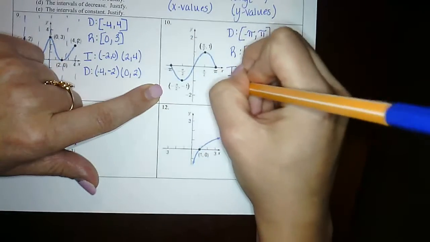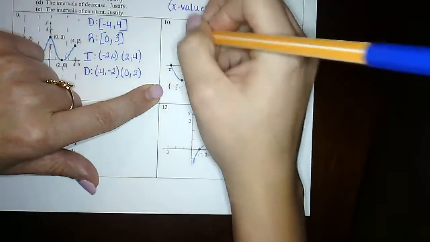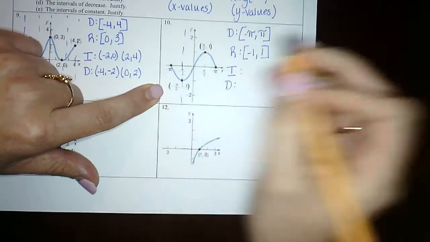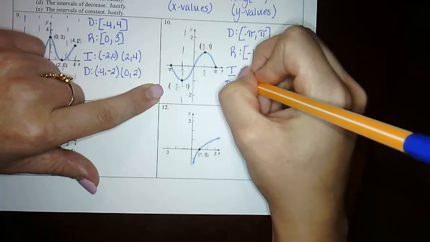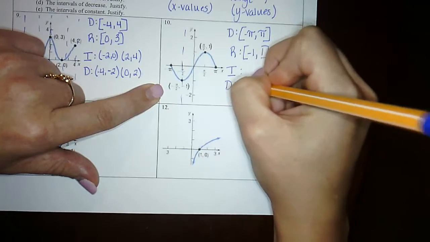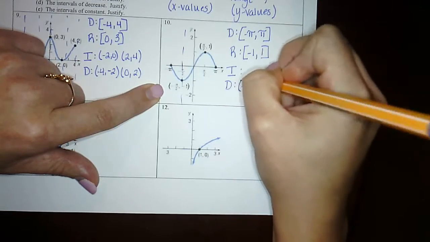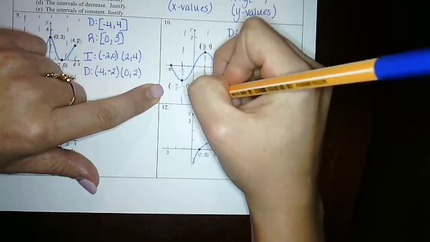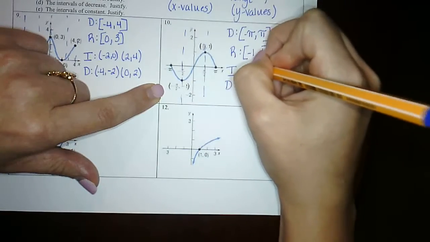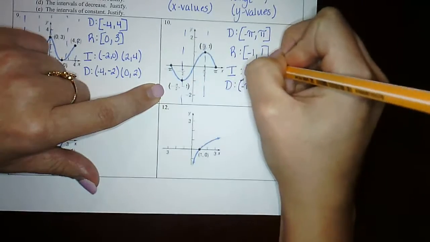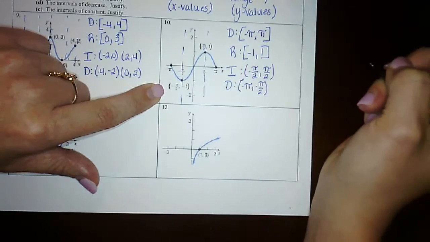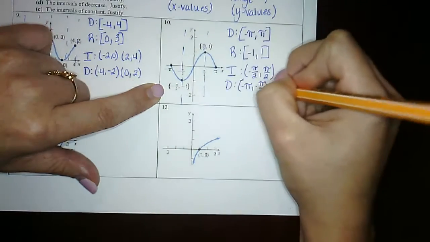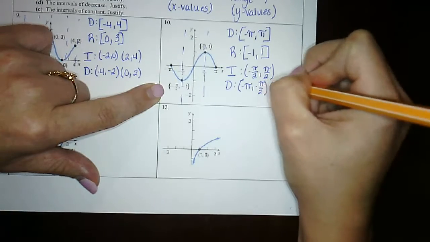And intervals of increase and decrease: it's decreasing from -pi to -pi over 2. Then it increases from -pi over 2 to pi over 2. And then it decreases again from pi over 2 to pi.